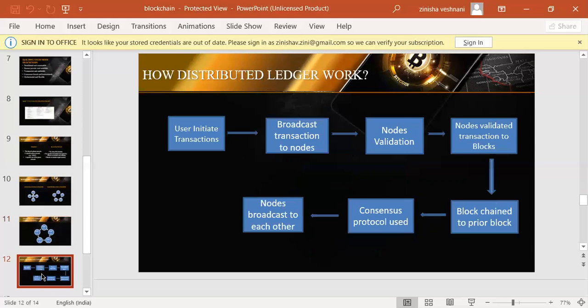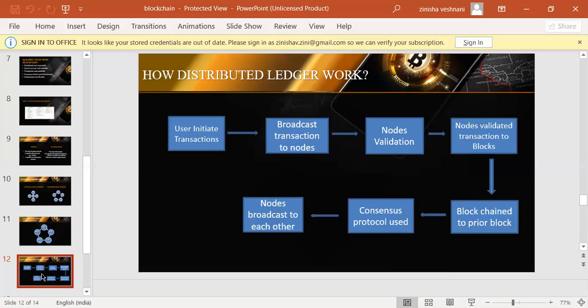So let us discuss how a distributed ledger works. Whenever a user initiates any transaction using bitcoins, as we all know that blockchain uses bitcoin currency, it will be broadcast to nodes. Then the nodes validate it at the same time.